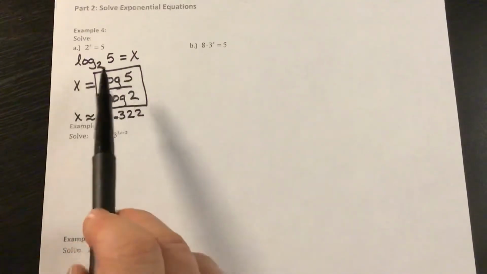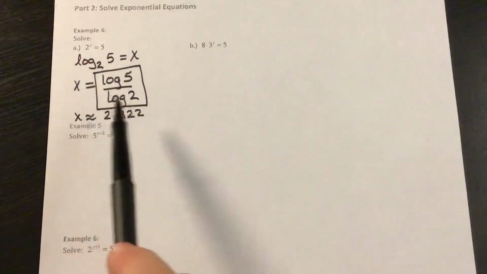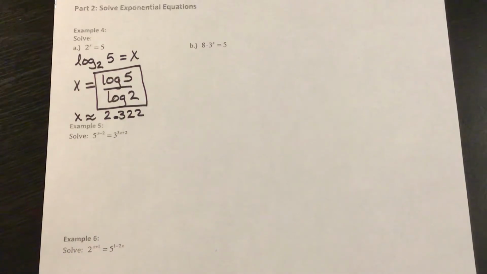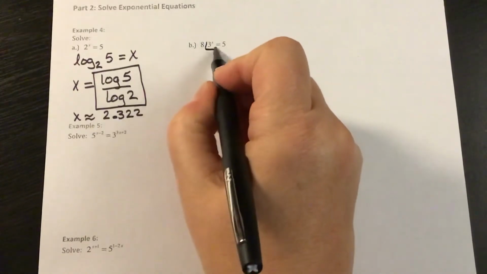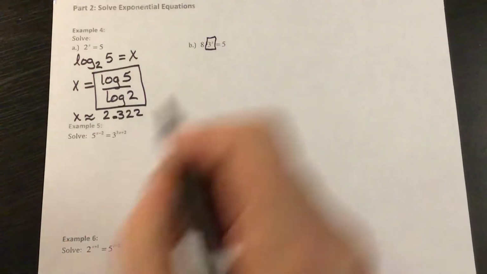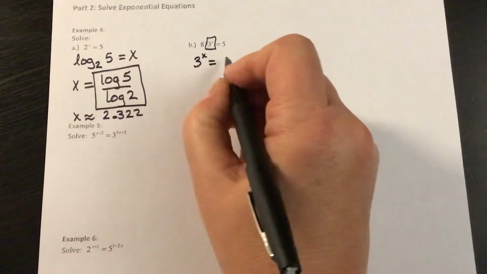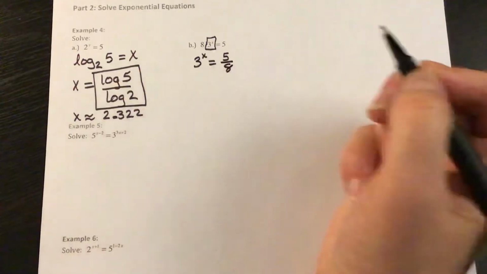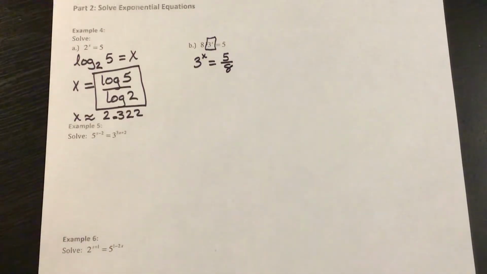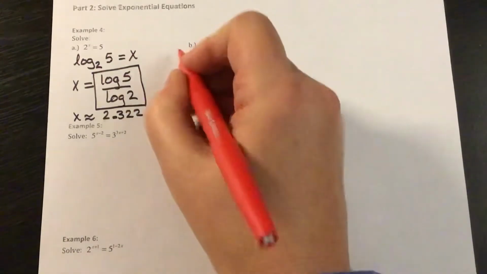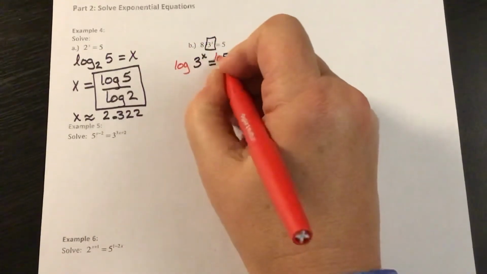All right, so this is one way to do this, to write the exponential sentence as a log sentence. Another way to do this is to isolate the base and the exponent. So that means I have to divide by 8. So now I have 3 to the x power equals 5 divided by 8. And the property of algebra: what you do to one side, you have to do to the other. To get the x out of the exponent, I'm going to log both sides.